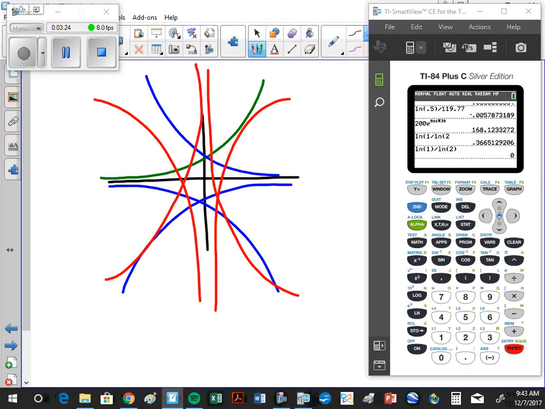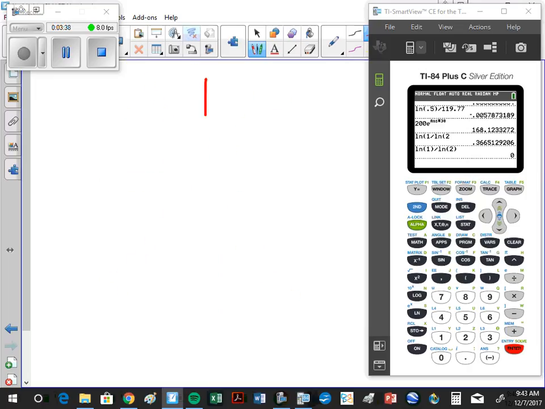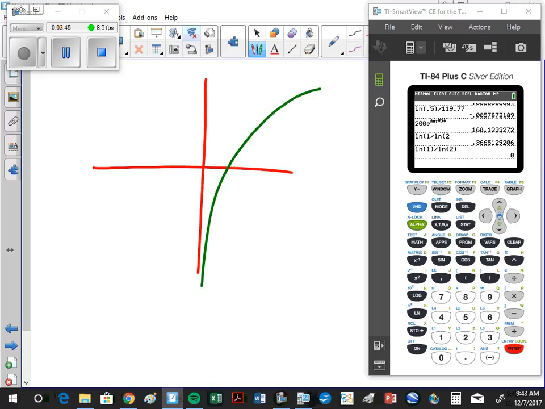We can also transform logarithm graphs. We could slide it to the right or to the left, or we could slide it up or down. But all logarithm equations will have a vertical asymptote and some sort of domain restriction. What I mean by that is every basic logarithm is going to look something like that. Now it could be one of the other forms, but it will have the y-axis as a vertical asymptote.